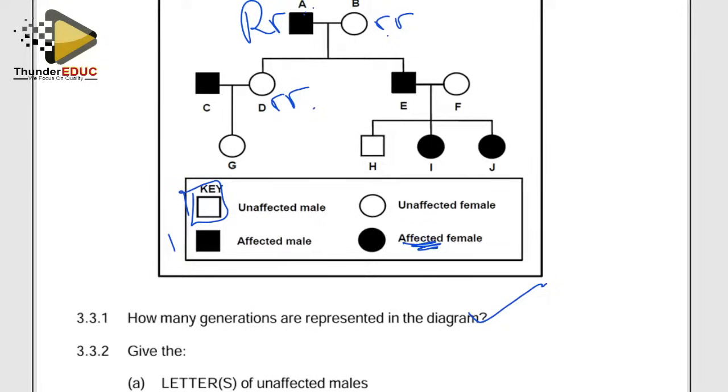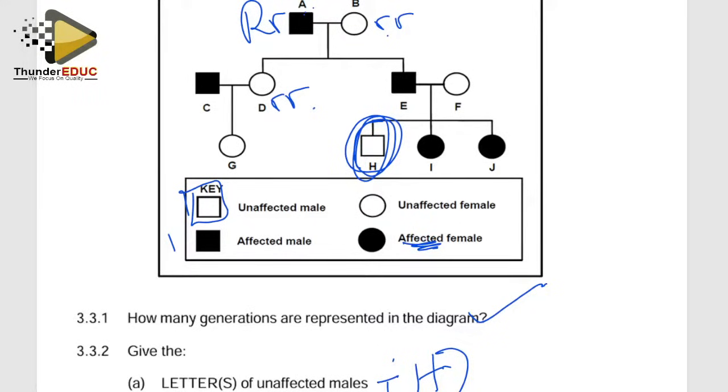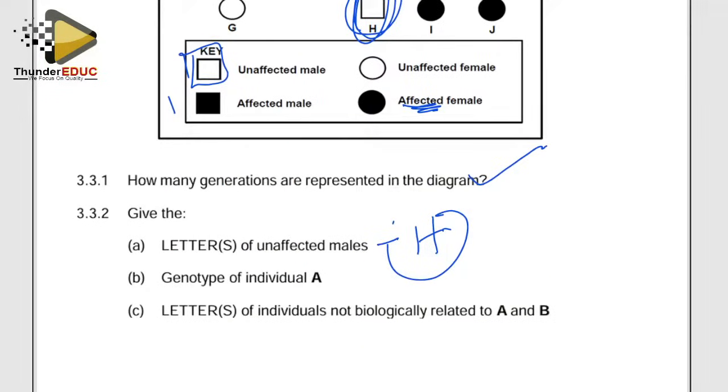Give the letters of unaffected male, isn't it? Unaffected male is only H. Yes. So the answer is H. Because this disorder is caused by a dominant allele, so definitely it's only H.